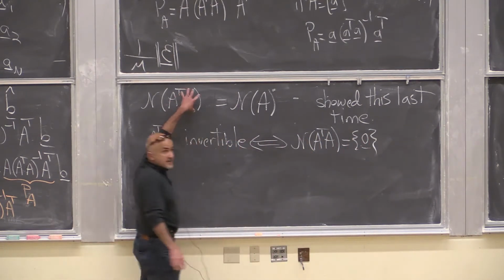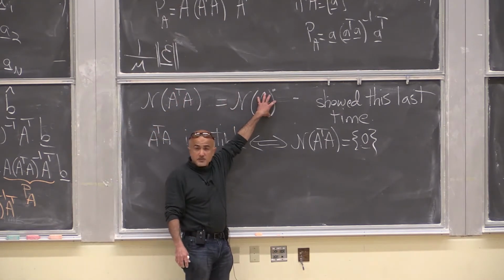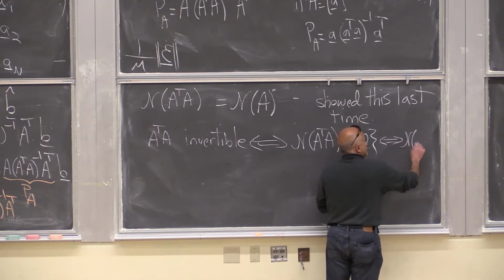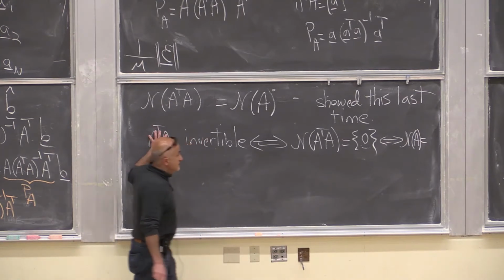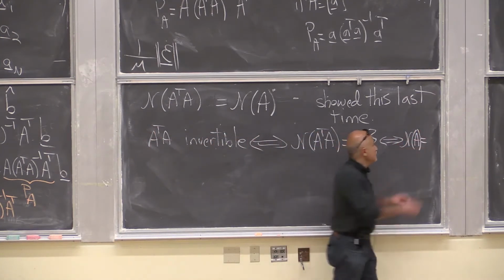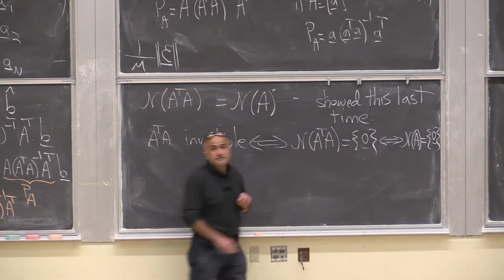But what we showed last time is that the null space of A transpose A is the same as the null space of A. So what does that say about the null space of A? A transpose A is invertible if and only if the null space of A is 0. Because these two are the same.